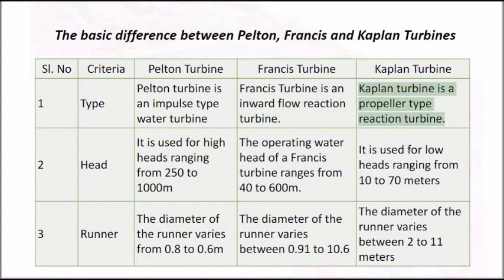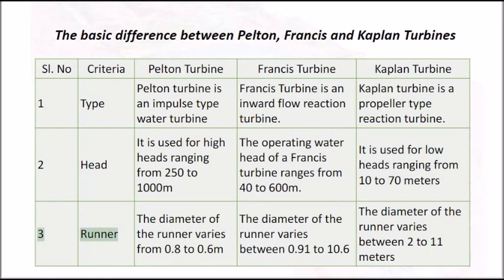2, Head. Pelton turbine is used for high heads ranging from 250 to 1000 m. The operating water head of a Francis turbine ranges from 40 to 600 m. Kaplan turbine is used for low heads ranging from 10 to 70 meters. 3, Runner.